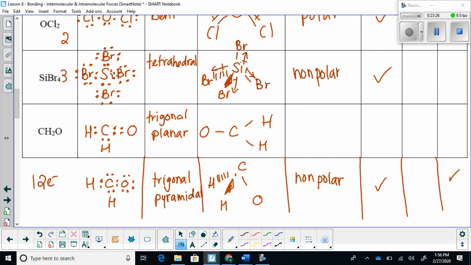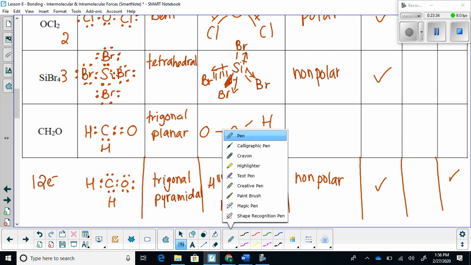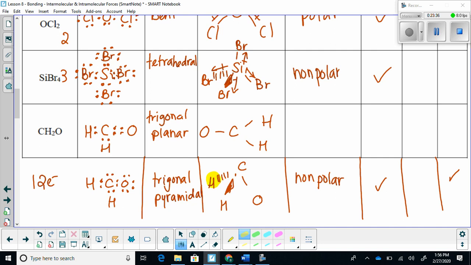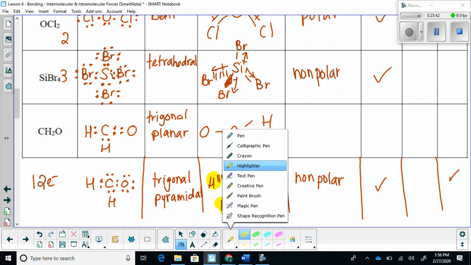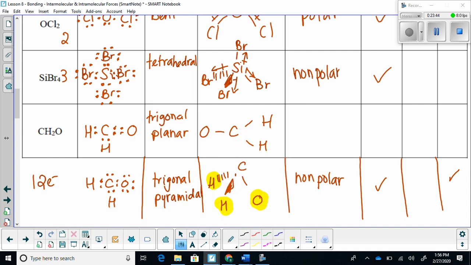This is where a lot of confusion happens. Because carbon is group 14, that meets the first requirement. The second requirement is, are my peripheral atoms all the same? No, because they're not all the same, it becomes polar. Okay, and you can do vector addition, you can get a net dipole, and that'll prove why.